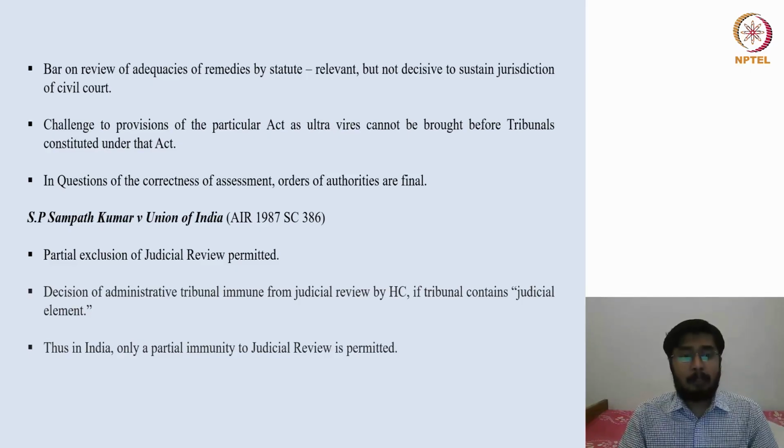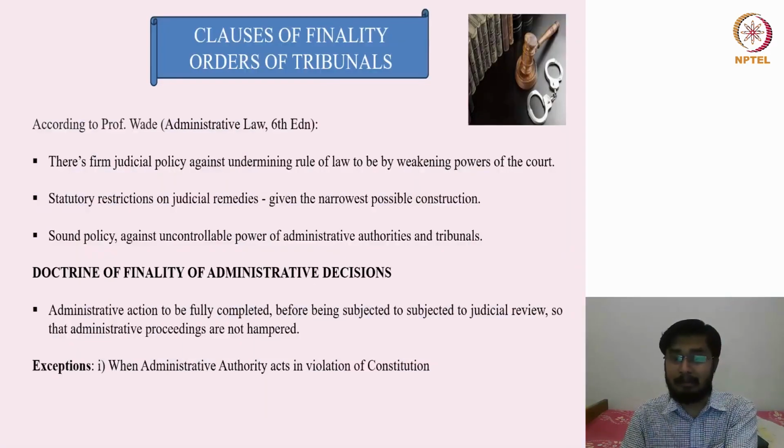As we saw in Sampath Kumar, partial exclusion of judicial review is permitted, and a decision of an administrative tribunal is immune from judicial review by the High Court if the tribunal contains a judicial element, that implies that the tribunal contains a judge. Therefore, in India, only a partial immunity to judicial review is permitted.